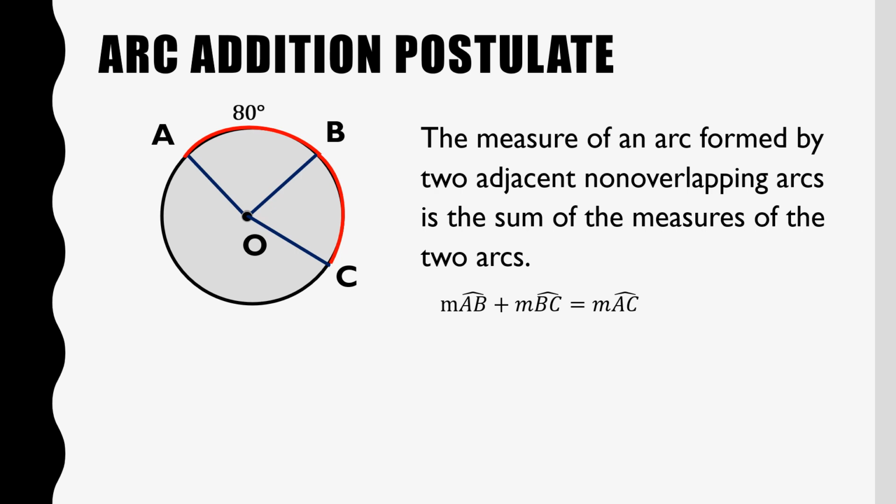So for example, if the measure of AB is 80 degrees and the measure of arc BC is 60 degrees, using the arc addition postulate, we have 80 degrees plus 60 degrees, and that is equal to 140 degrees.